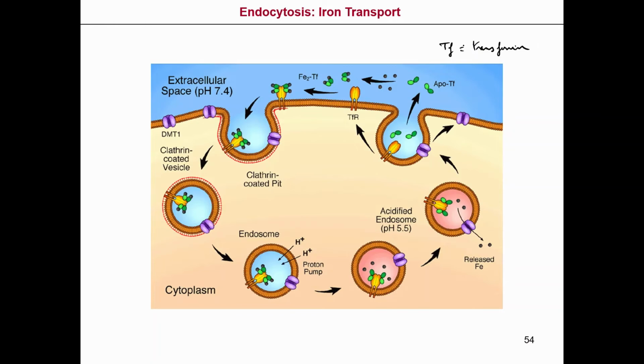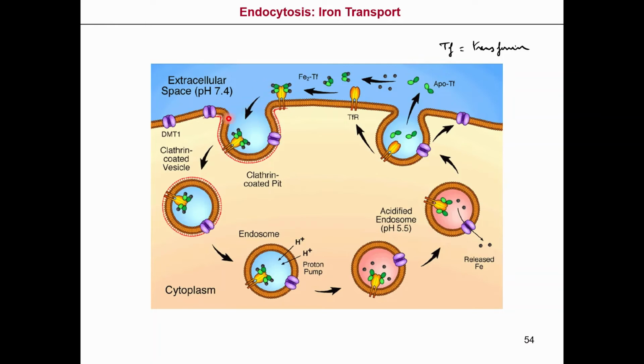So you have the apotransferrin without iron. Iron will interact with the apotransferrin to become iron-saturated transferrin, holotransferrin. This holotransferrin can interact with the transferrin receptor.